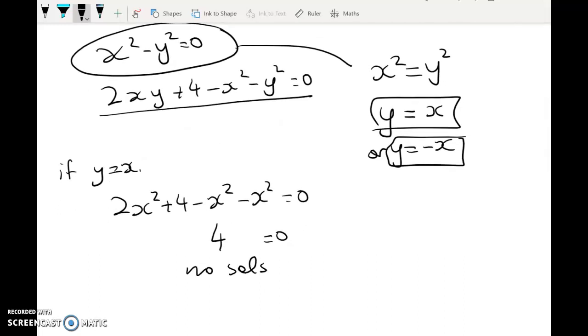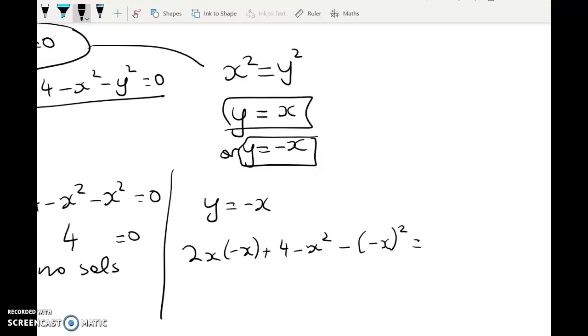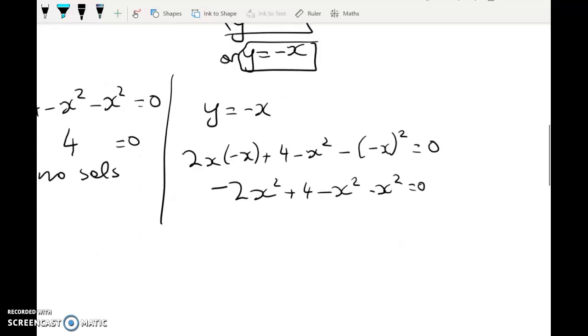So instead we're now going to work with negative x equals y. So 2x times negative x plus 4 minus x squared minus negative x squared is equal to 0. Negative 2x squared plus 4 minus x squared equals 0.